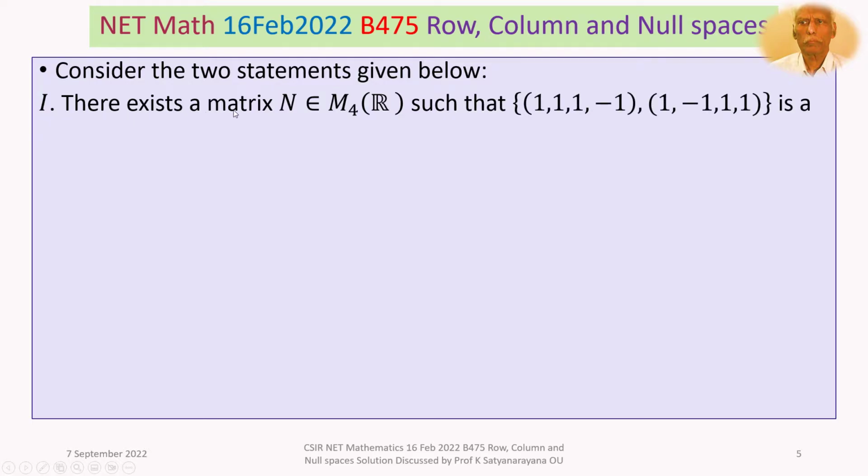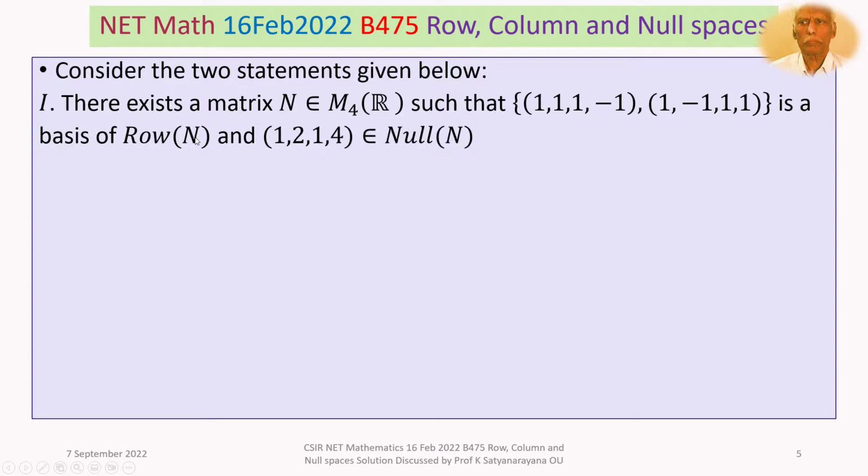There exists a matrix N belongs to M4 over R such that the set consisting of the 4-tuples (1, 1, 1, -1) and (1, -1, 1, 1) is a basis of the row space of N, and (1, 2, 1, 4) belongs to the null space of N. This (1, 2, 1, 4) must be a column vector, so there should be a T: (1, 2, 1, 4) transpose.